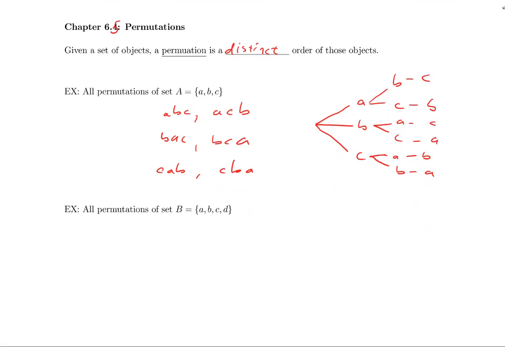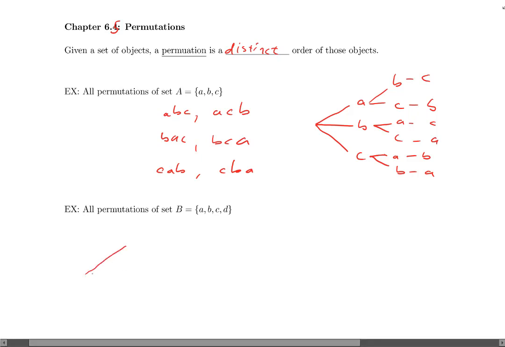So, let's look at, for set B, all the different permutations. Of course, you can set up the same decision tree. A, B, C, D, and you note that this is going to start getting a little bit more crowded than before, so we need a different way to do this.